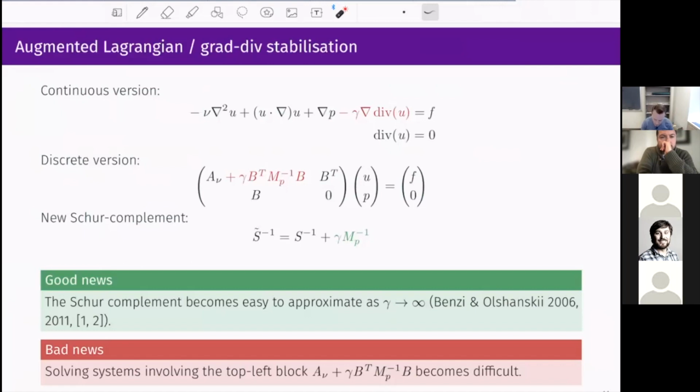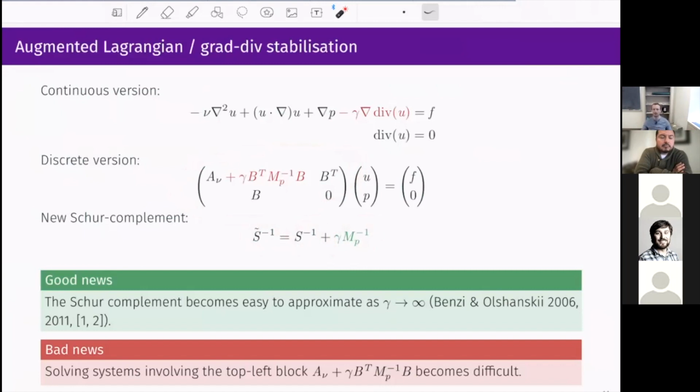Well, it turns out that this Schur complement, which was this sort of magical matrix that appeared when doing the Jacobian factorization, and which we said is really difficult to approximate, that the Schur complement of this new matrix is simply the Schur complement of the old matrix plus a mass matrix, right? And mass matrices are easy.